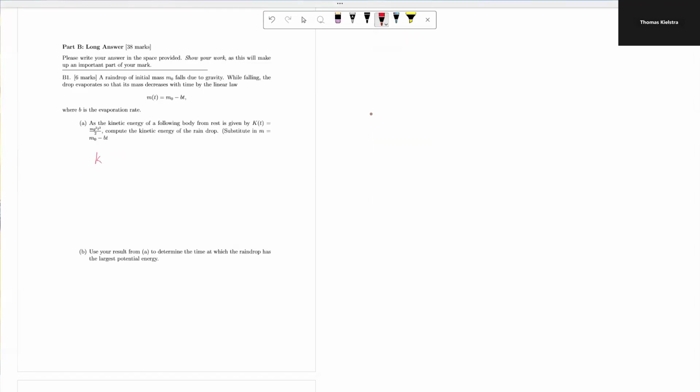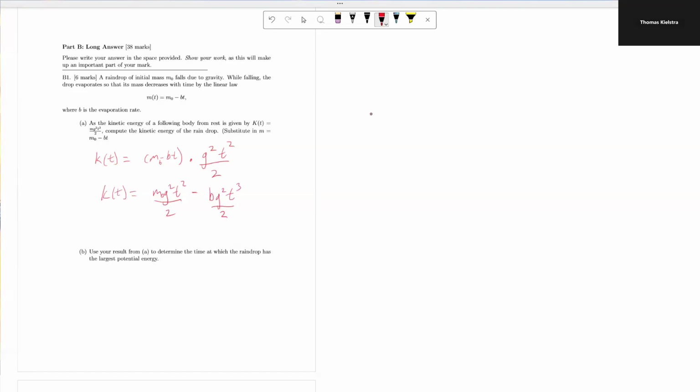This is saying that K of t equals (m naught minus bt) times g squared t squared over 2, or K of t equals m naught g squared t squared minus b g squared t cubed, and each of these are over 2.